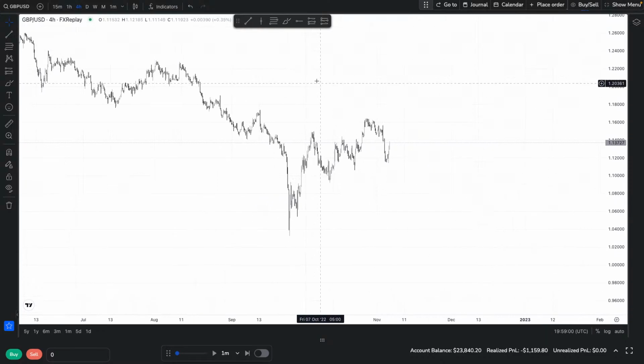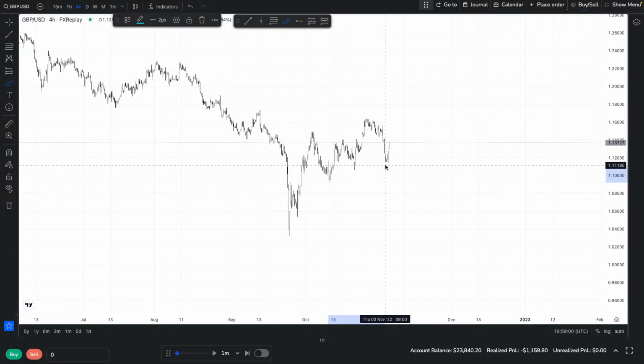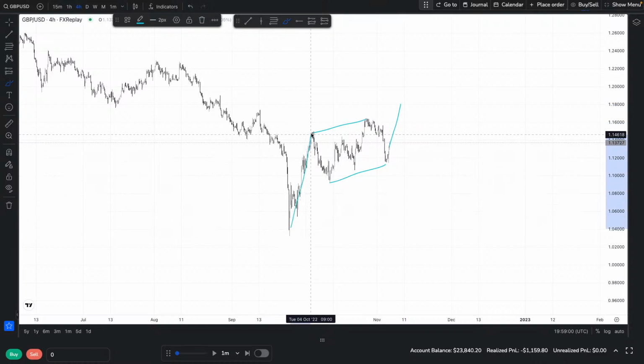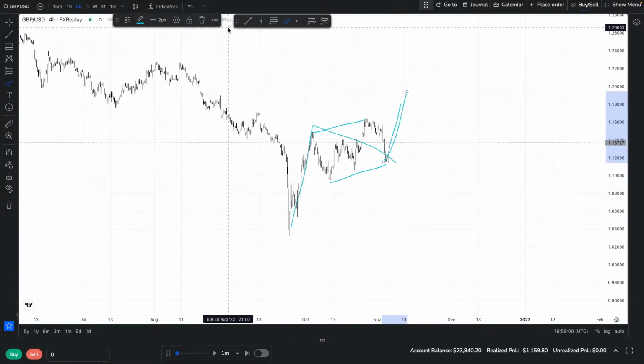So as this stands, I'm looking at this. Okay, there you go, for a potential move to the upside, right? Because we have an impulse, we have a correction. I'm looking for continuation.